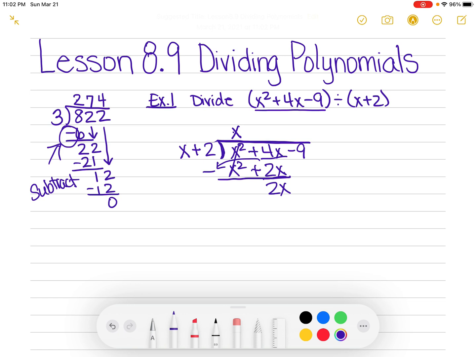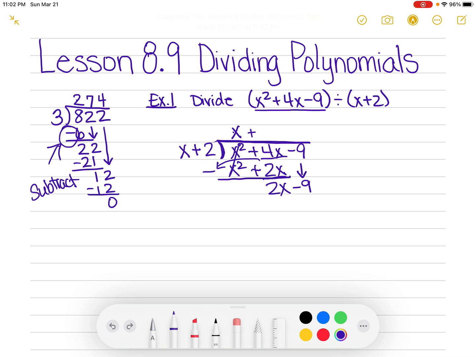Then I bring down my next number, just like we did over here with these arrows. We brought down the next number, so that's minus 9. Now I do the same thing. I'm going to put a plus sign here because these are both positive, so I know it's going to be positive.